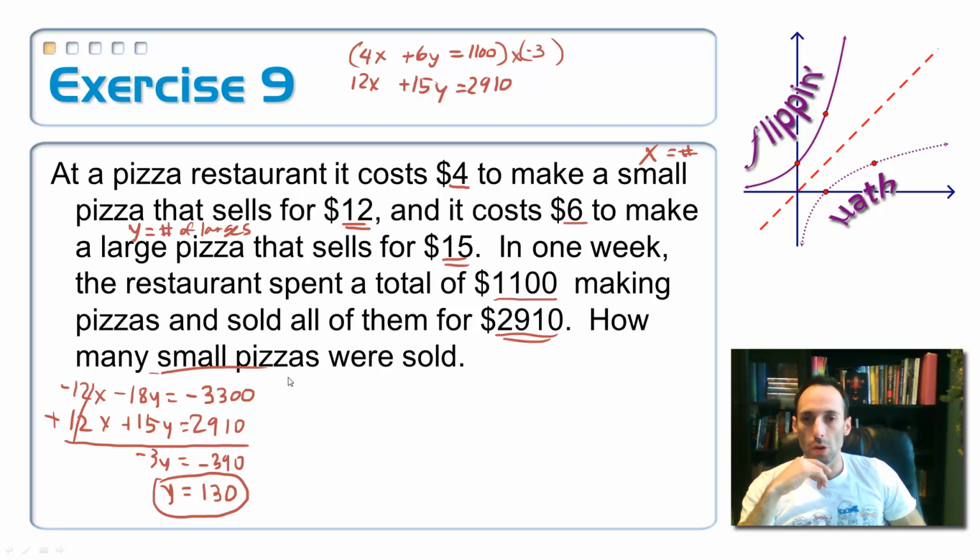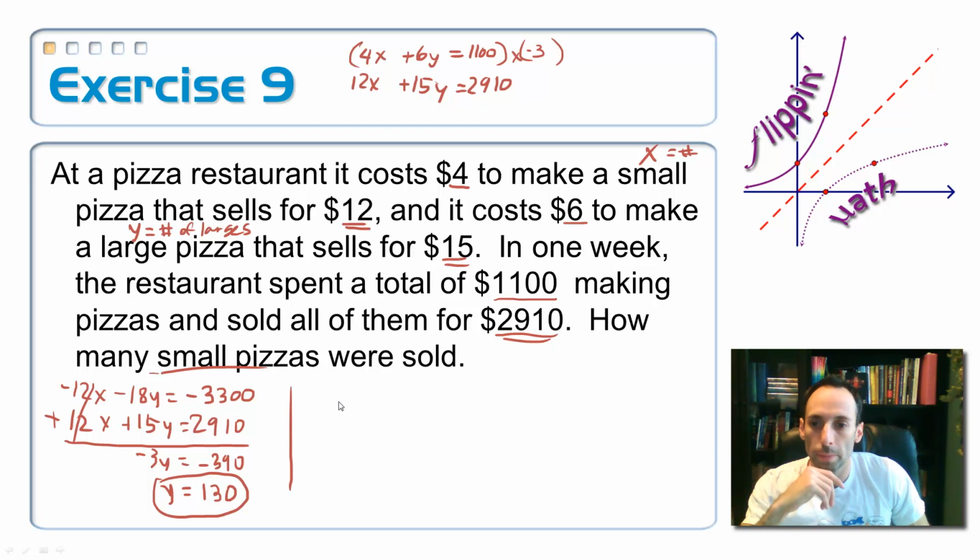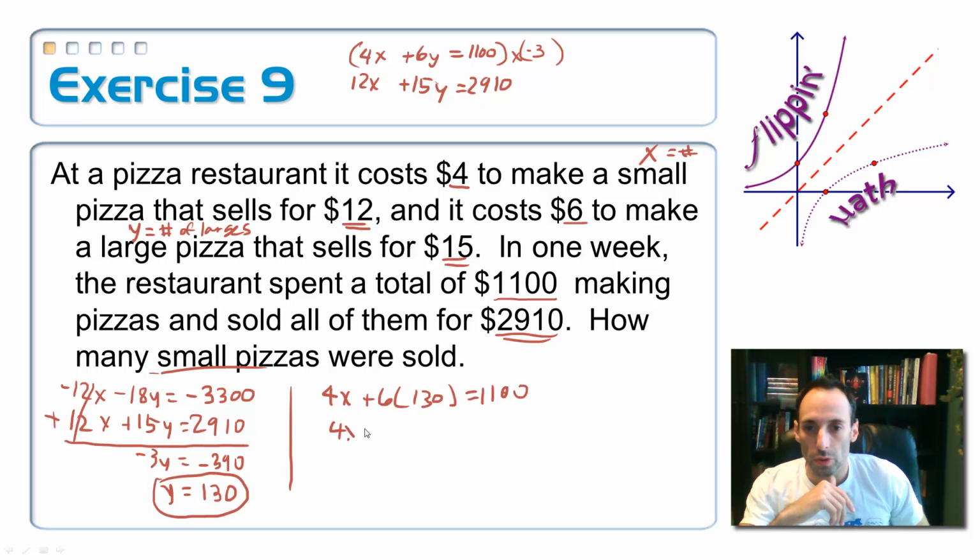But we want smalls. So to get smalls, we need to stick that back into one of the equations. How about the top one, because it's smaller there? 4x plus 6 times y, which is 130, is equal to 1,100. So multiply here, that's 600 plus 180, that's 780, equals 1,100.